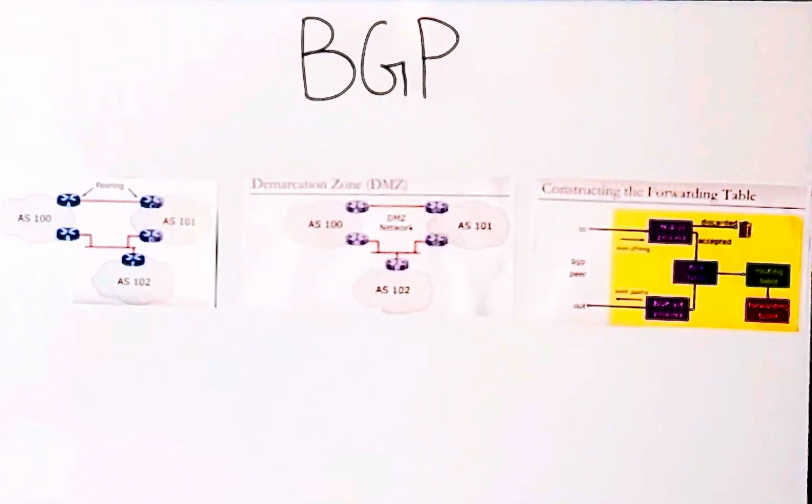There are two types of BGP: external BGP, which is eBGP, and internal BGP, which is iBGP. eBGP connects routers in different neighborhoods, allowing them to share routing information.